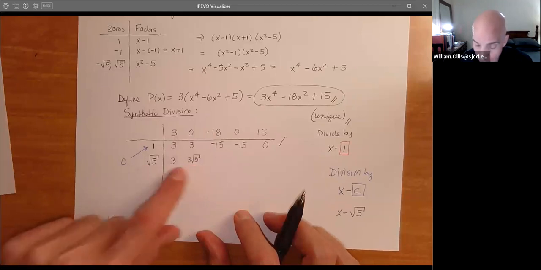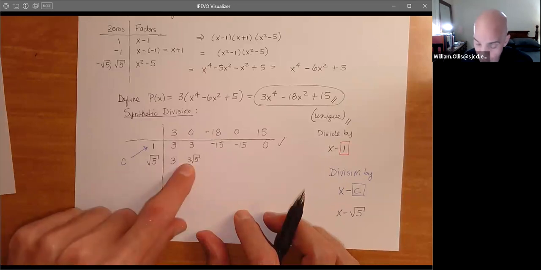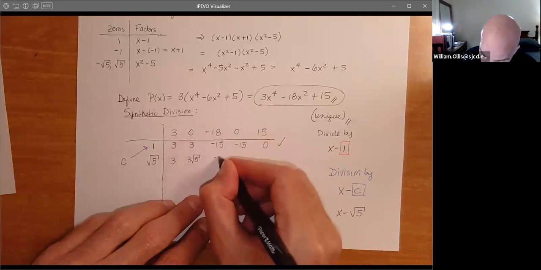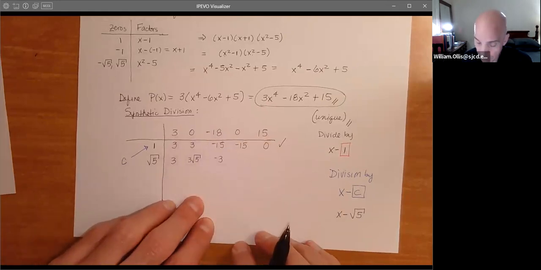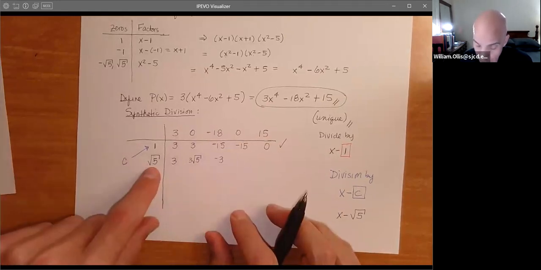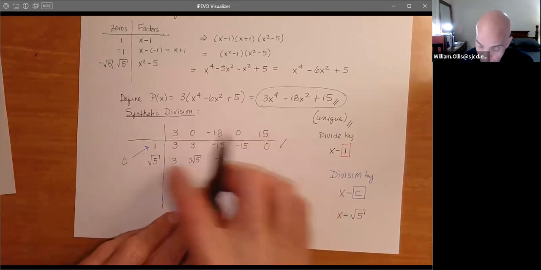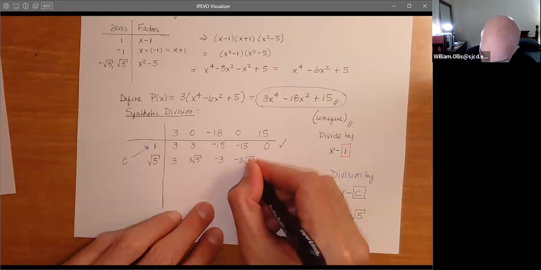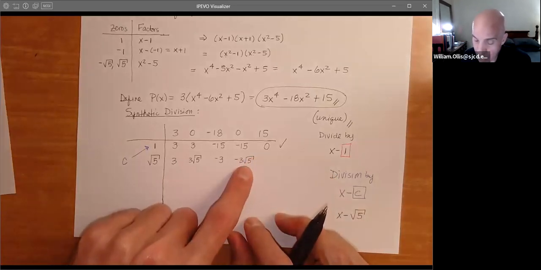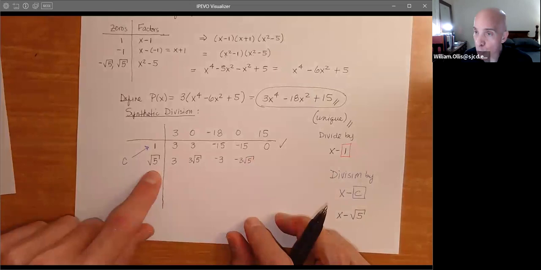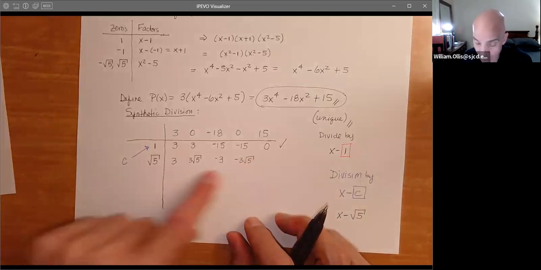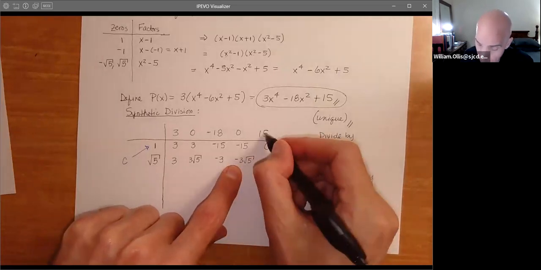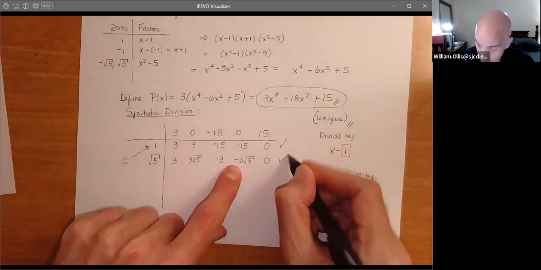Root 5 times root 5 is 5, times 3, that's a 15. 15 plus a negative 18, that's a negative 3. Keep going. Negative 3 times root 5, plus 0, is negative 3 root 5. And now lastly, negative 3 root 5 times root 5 is just a 5 times a negative 3, which is negative 15, plus 15, 0.